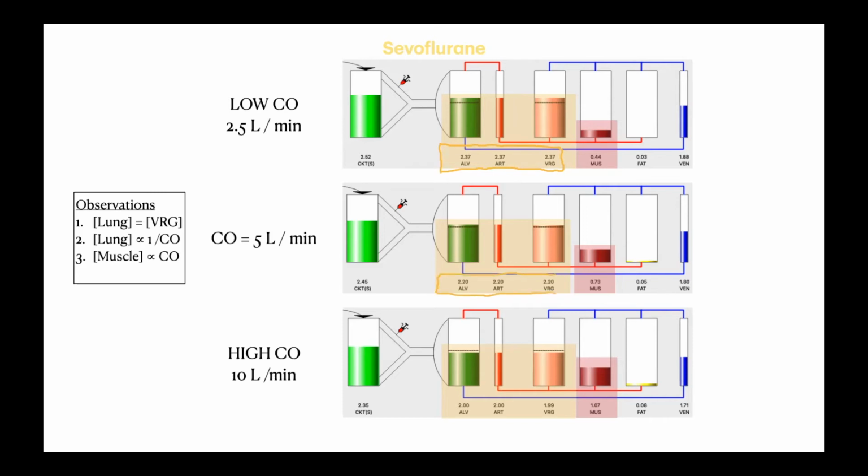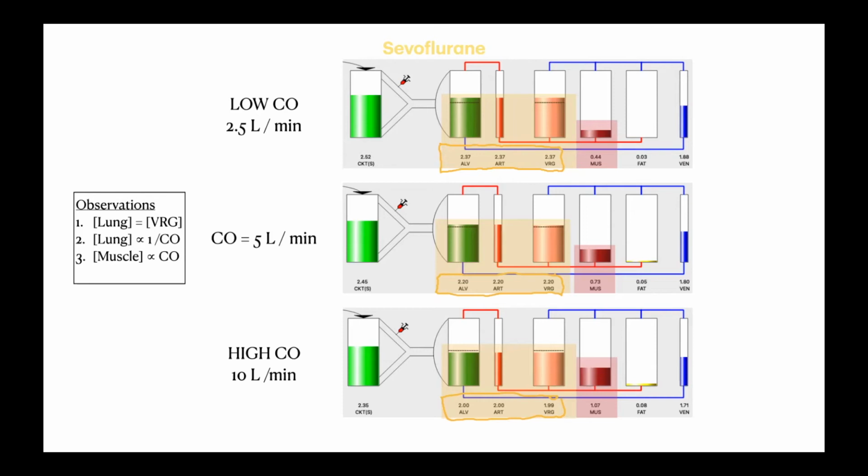This is really important to understand: even with the previous diagrams, within 30 to 40 minutes, the partial pressure in your alveolus should have equilibrated with the partial pressure in your vessel rich group, where your brain is.